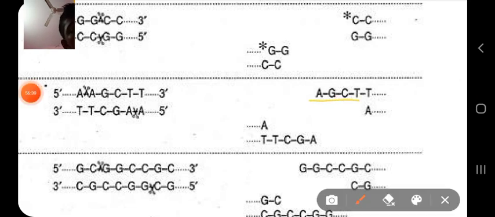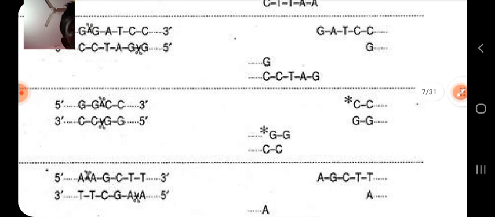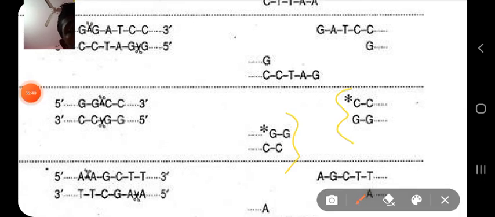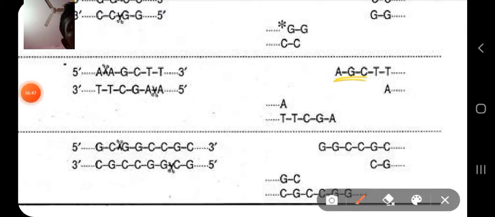Sticky end means one of the strands will have an overhanging end, the other strand will not. But in a blunt end, there is no such overhanging end present. Is there any overhanging end? No. That's why it is a blunt end. But in sticky ends, there are overhanging ends at the extreme position. That is why we call them sticky ends.